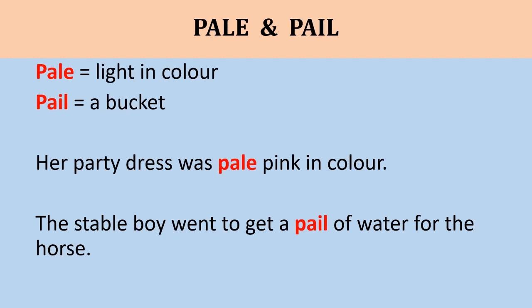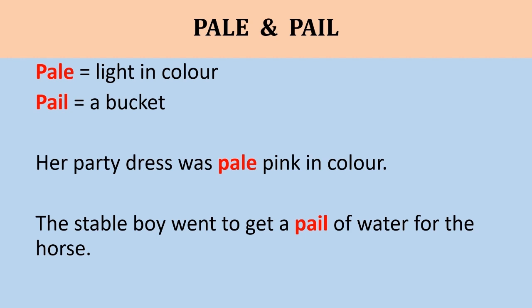PALE and PAIL are homophones of each other because they are pronounced exactly alike, but their spelling is different, as you can see. The meaning also is different. PALE is pale, light in color. PAIL, pale, is a bucket.